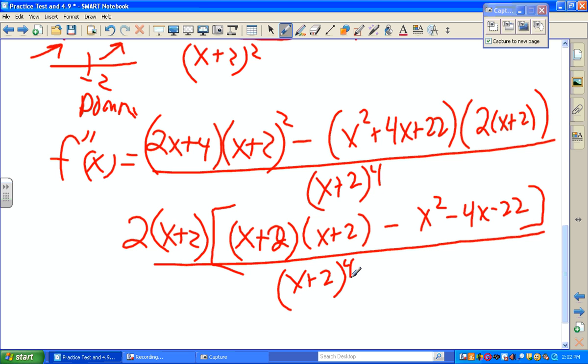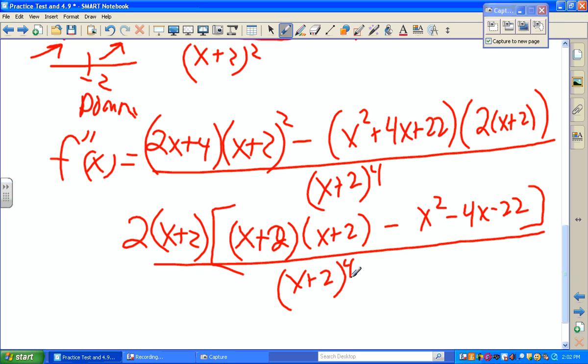Whew, this is going to be fun. Yeah, that'd be 2x plus 4 times x? I took a 2 out of this one. I took a 2 out and an x plus 2 because I had it right here.